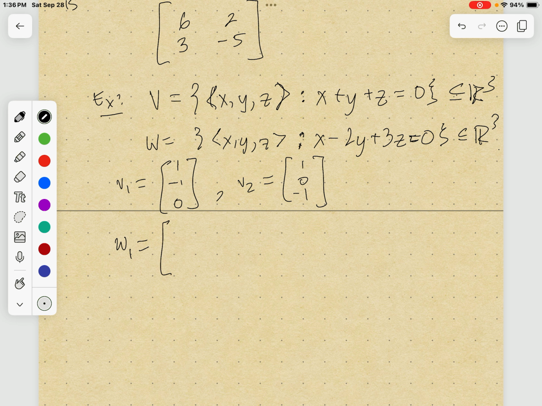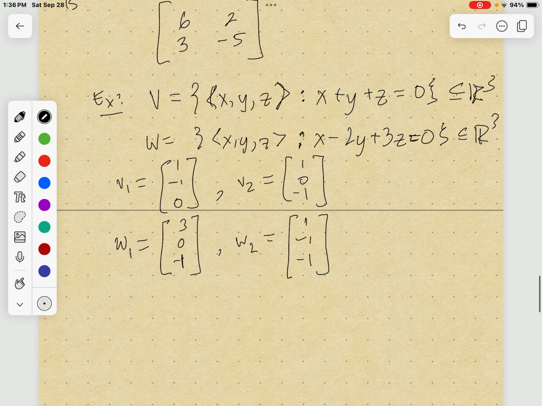So W1, let's take 3, 0, negative 1. Okay, that's in W. And let's take W2 to be 1, -1, -1. Now we can check that that's also in W because 1 minus 2 times -1 is 3, and then 3 plus 3 times -1 is 0.